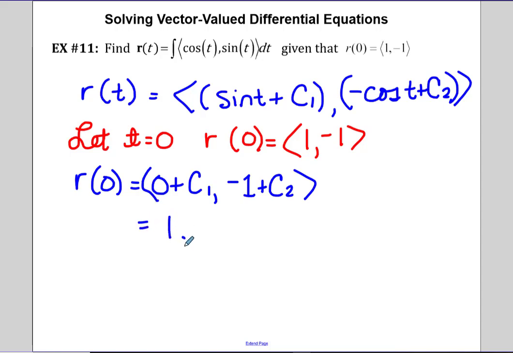So we have 1 and -1, and c sub 1 is 1, and c sub 2 is going to be 0 for -1 plus 1.